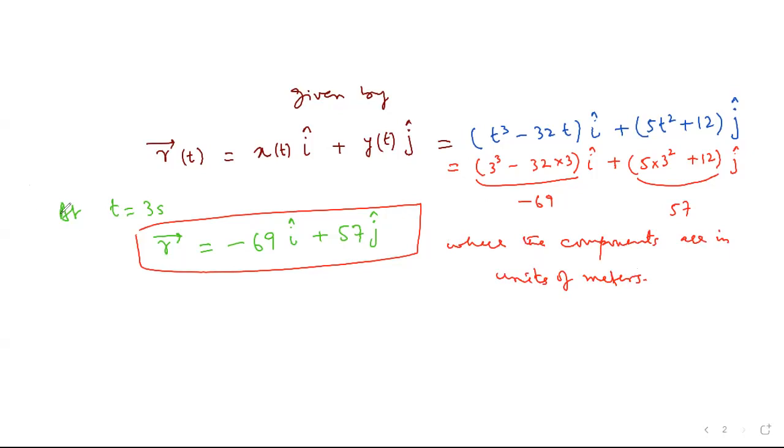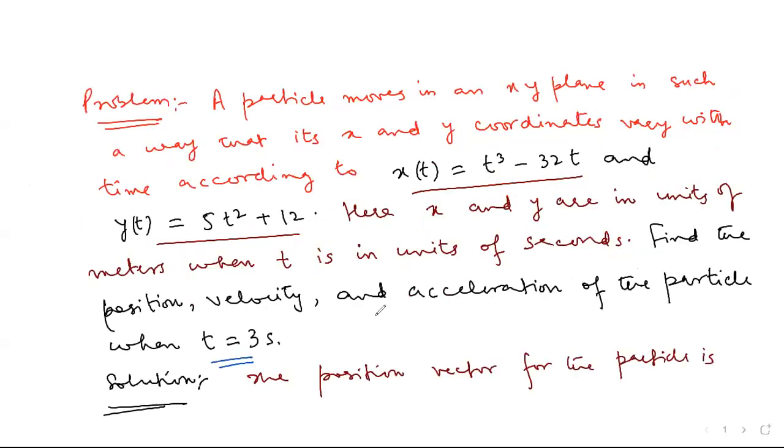So this is position at t is equal to 3 seconds. So this is one part of the answer because we are asked to find position, velocity and acceleration of the particle at t is equal to 3 seconds.